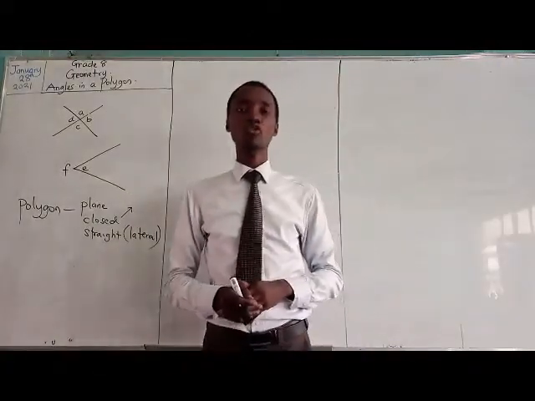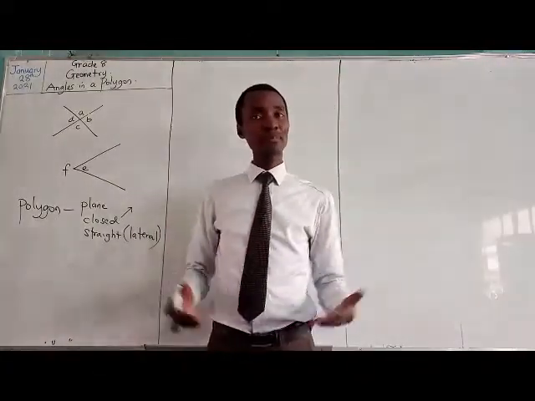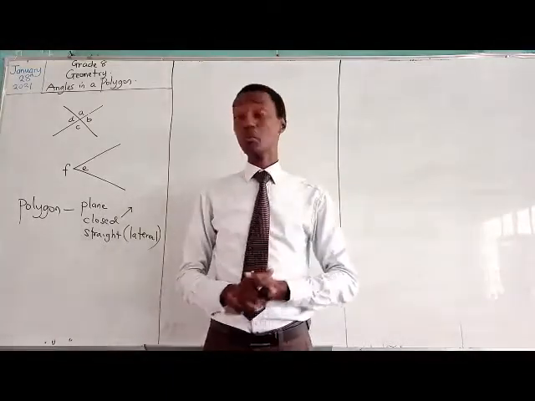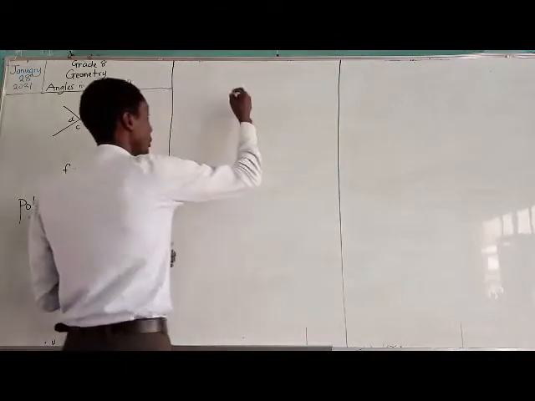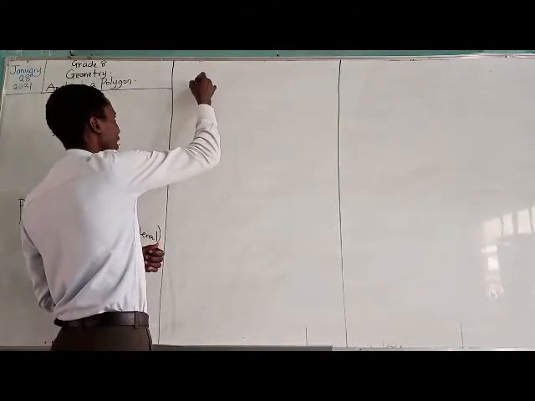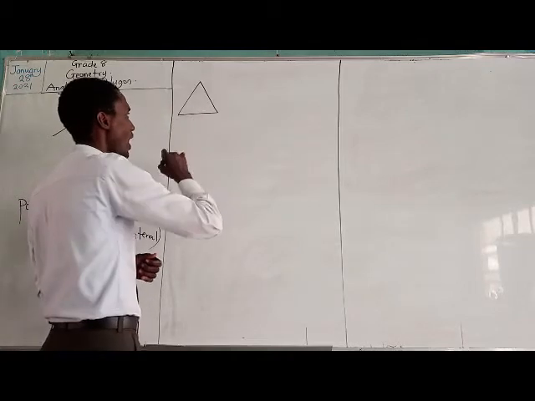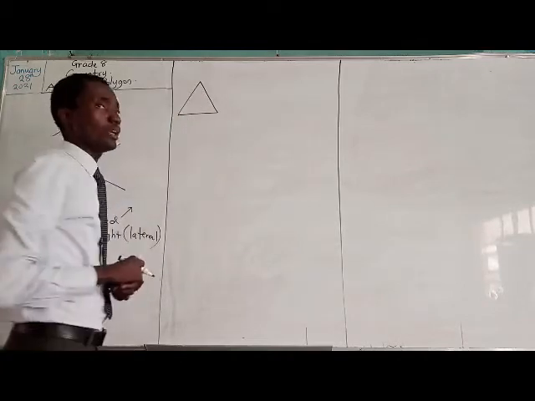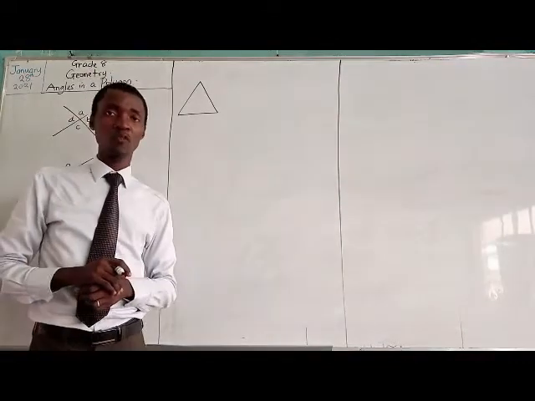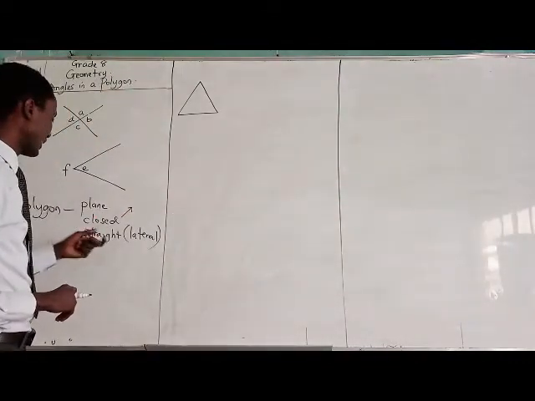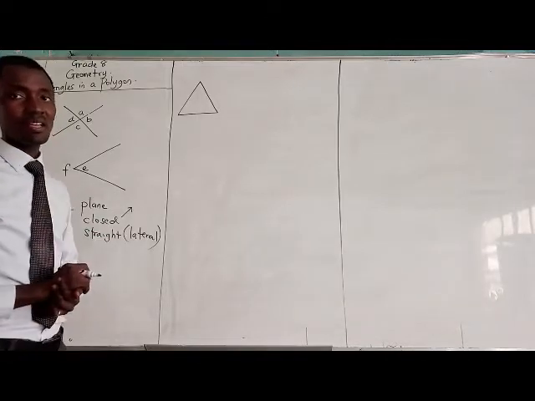So it will be important for us to talk about types of polygons. Let's start with the simplest polygon. The simplest polygon you can ever have is the one we call a triangle. A triangle is the simplest form of polygon you can have because a triangle has what? 3 straight sides.